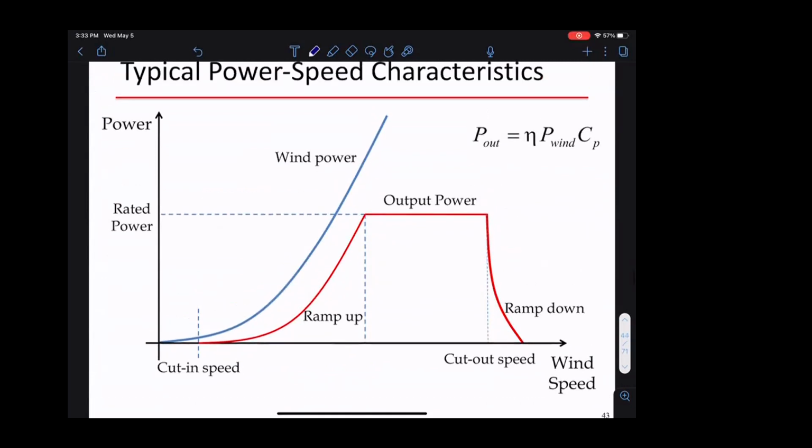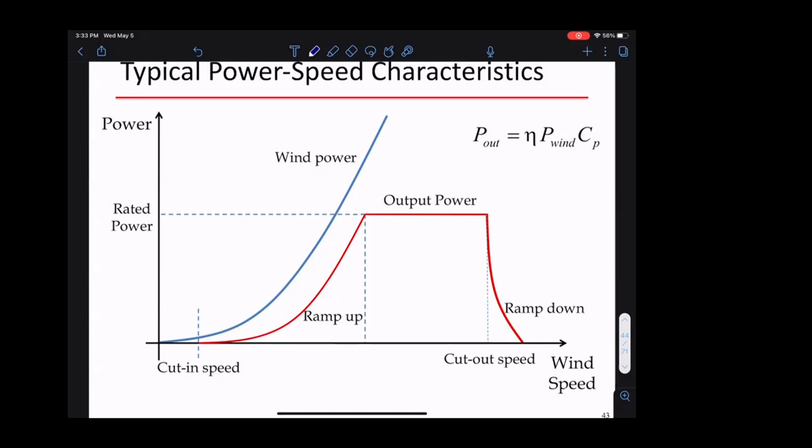Then we stay at some rated output power. So the way the power generation curve works is if the wind speed is not large enough, you ramp up. After that, you operate at some constant output power. Then if the wind gets too large, you actually have to lock the blade and basically turn the turbine off.